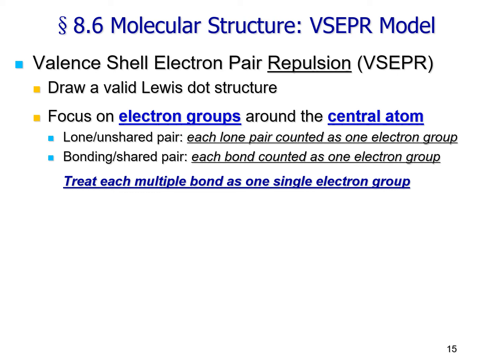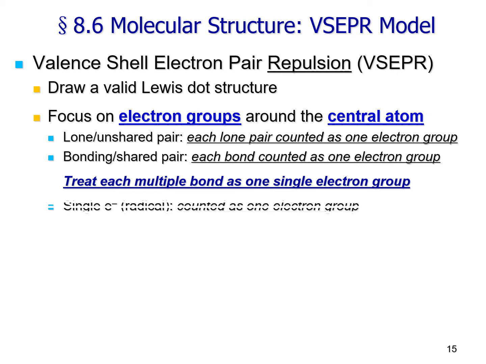Why? Like I said, I don't care how many electrons there are on one side of a chemical symbol; as long as it is on one side, we count it as one electron group. It could be 2 electrons, it could be as many as 6 electrons on one side, we don't care.